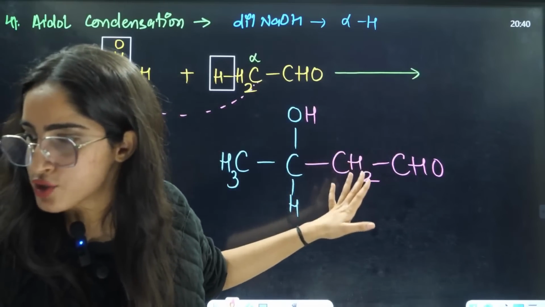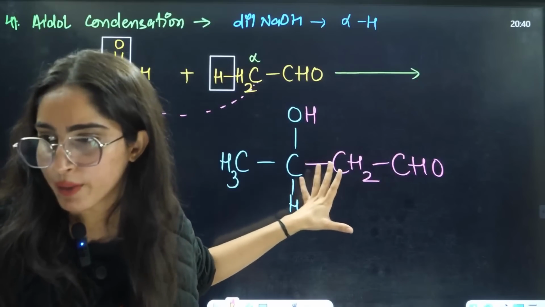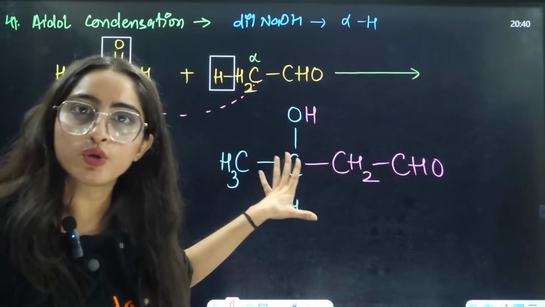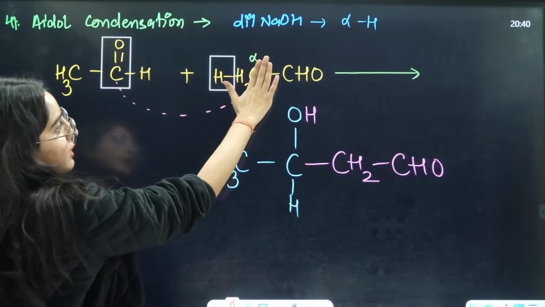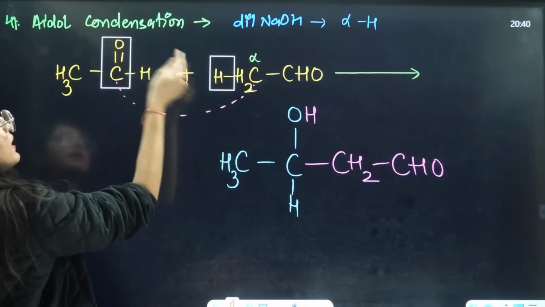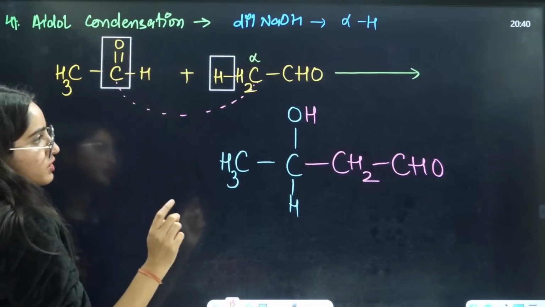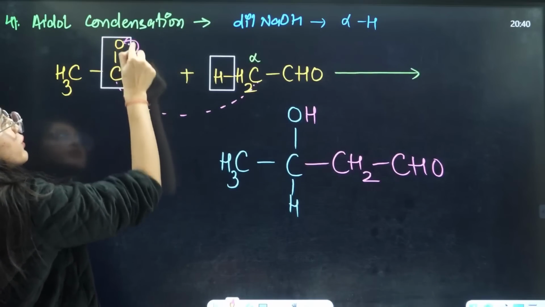Understood, guys? This is how you are going to form the products. What I did? Attach this carbonyl carbon with the alpha carbon. This hydrogen will be transferred to this oxygen here, and this pi bond will be shifted here.